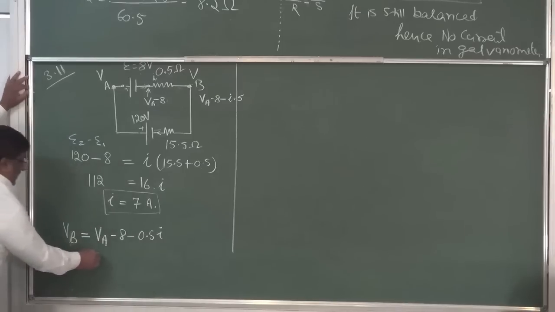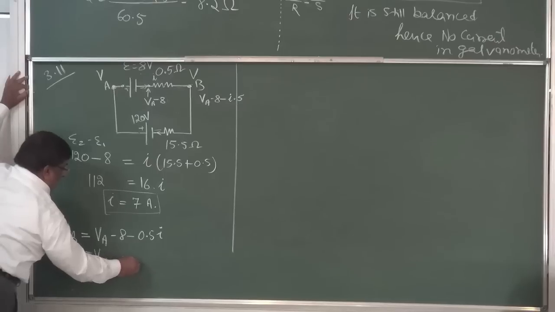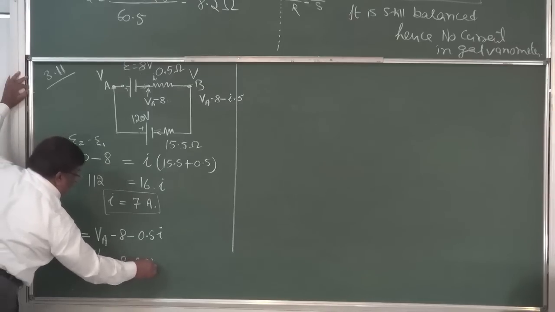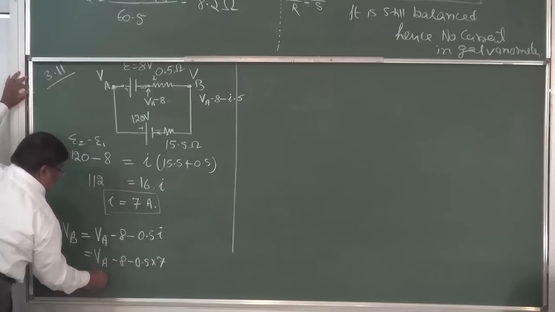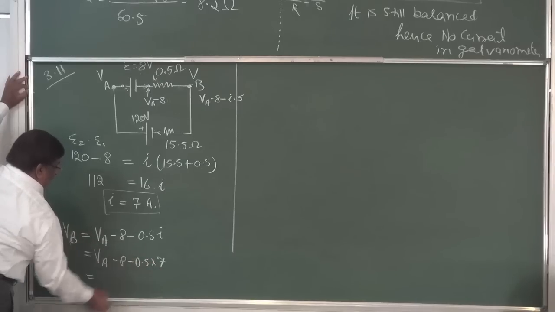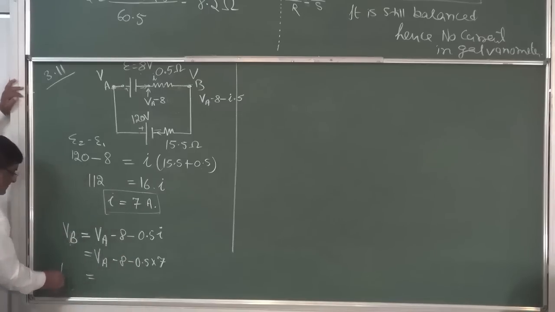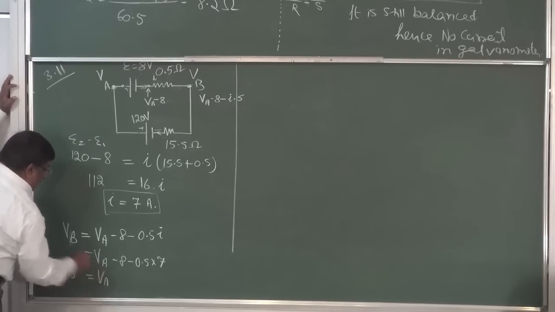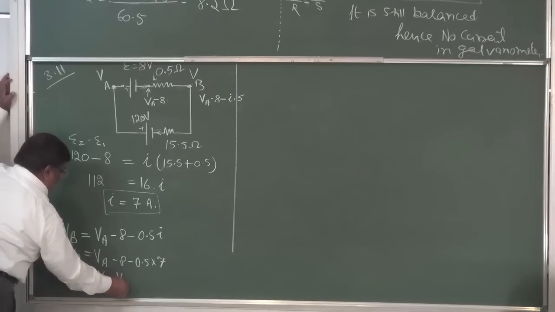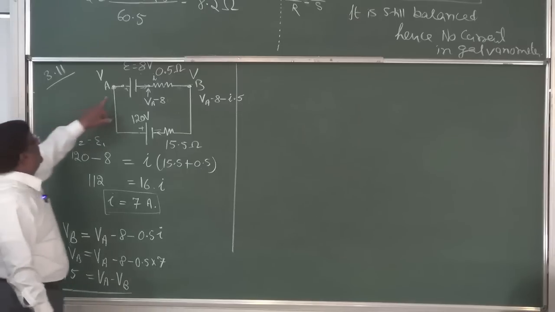So we get VA minus 8 minus 0.5 into 7, and this is equal to 7.5, 3.5, this is 11.5. Okay, 11.5 you bring here, VA keep here, this VB transfer on this side, so this will be VA minus VB equals 11.5 volt.